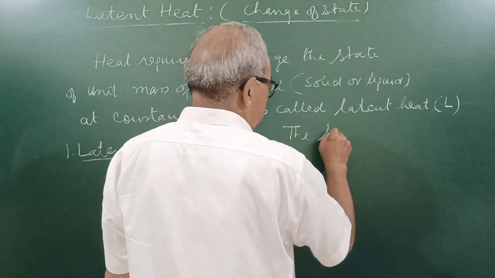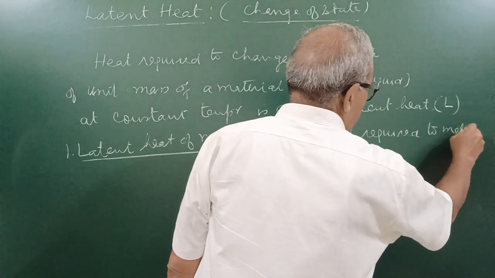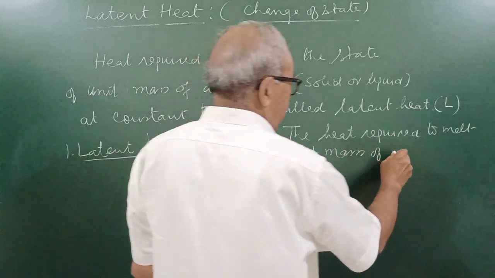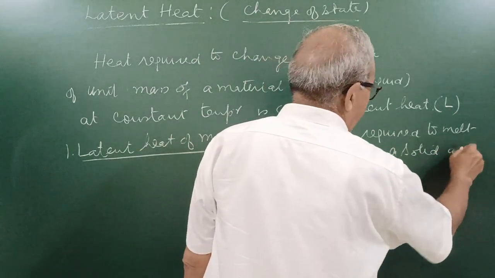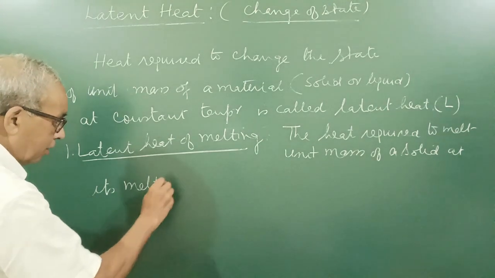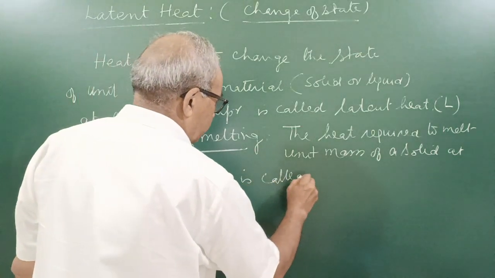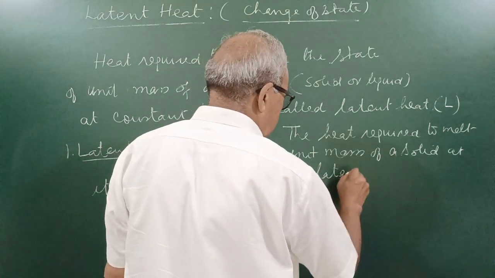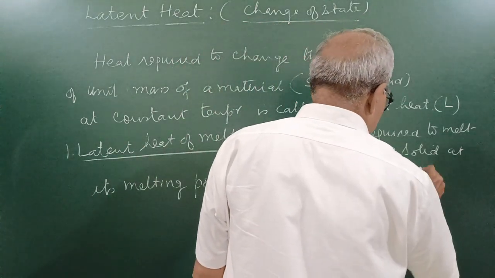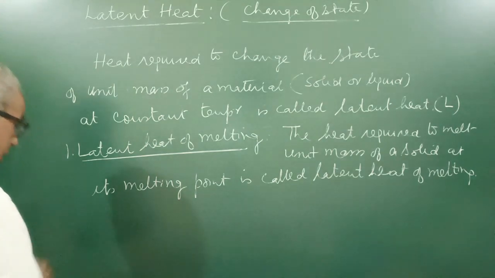The heat required to melt unit mass of a solid at its melting point is called latent heat of melting, denoted by capital L.